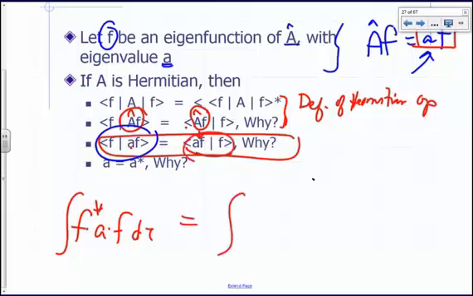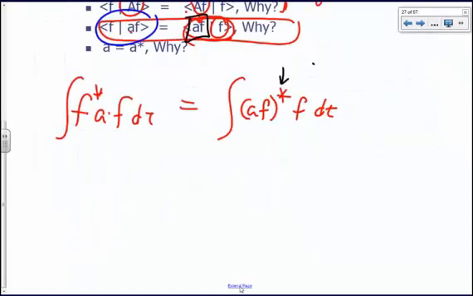Integral of af. Since af is in the bracket, the whole thing, af, has a star. It's the complex conjugate, so this right here must have a star, times f d tau. So what can we do now? a is a constant.